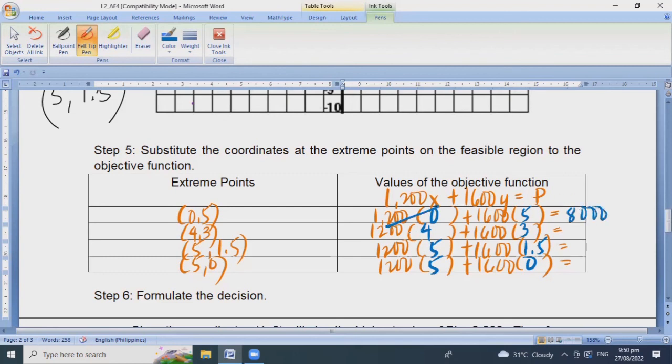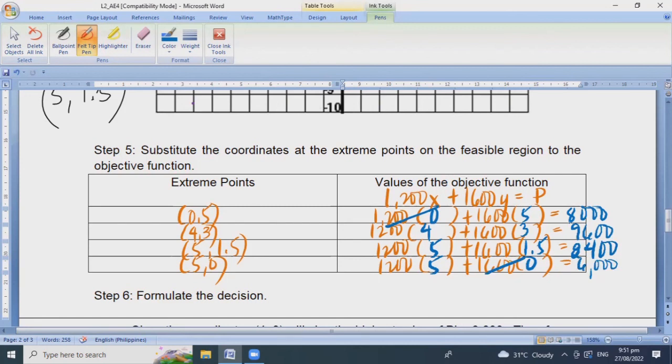Then, 1,200 times 4 plus 1,600 times 3 is 9,600. Then 1,200 times 5 plus 1,600 times 1.5. So 1,200 times 5 is 6,000. 1,600 times 1.5 is 2,400. Magkano na? 8,400. And then 1,200 times 5 plus 1,600 times 0.